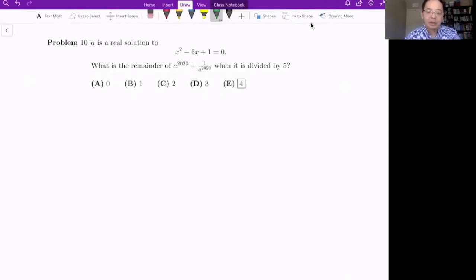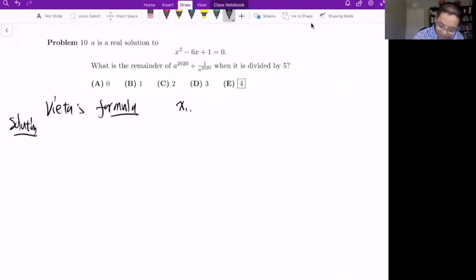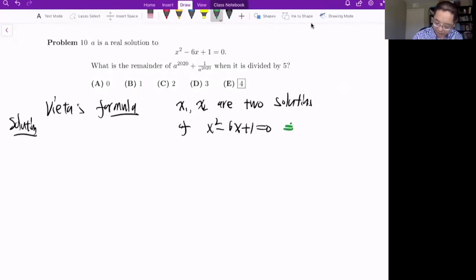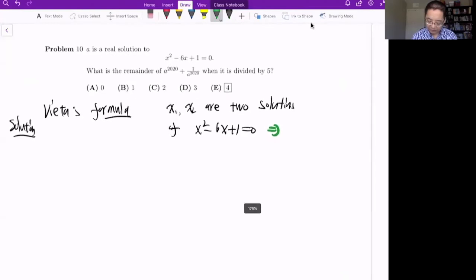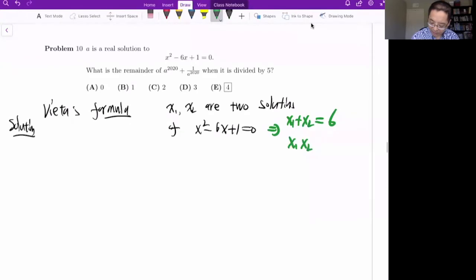All right. So here the key point is to realize that if A is a solution to this quadratic equation, then 1/A is also a solution. That's because of the Vieta formula. So if x1 and x2 are two solutions of x squared minus 6x plus 1 equals 0, then by the Vieta formula we have x1 plus x2 equals 6, and x1 times x2 is 1.